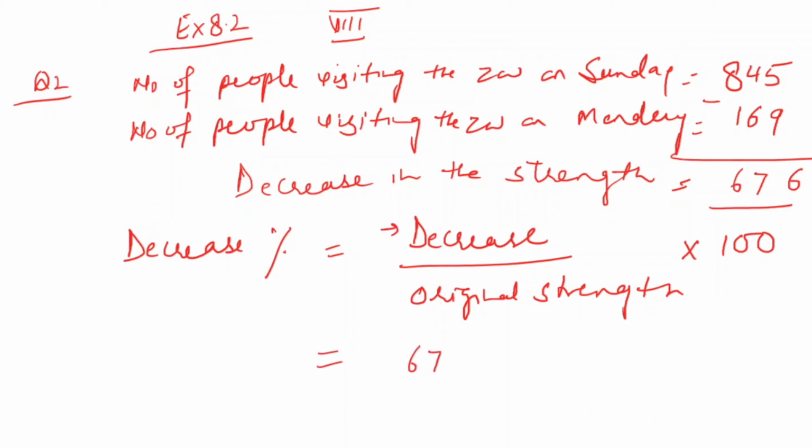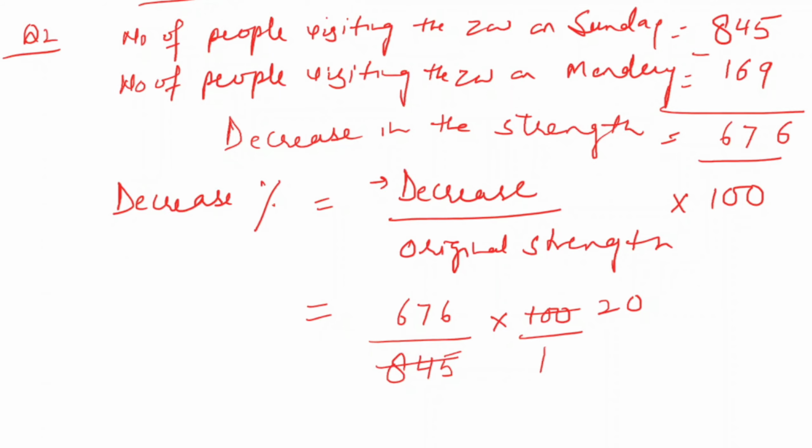So 676 is the decrease, and initially 845 people were visiting. Here we have to simplify. I'm cancelling by 5, and this is 1, this is 6, and this is 9. And if you see, this is divisible.